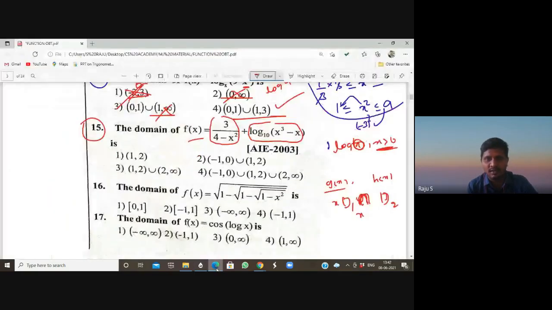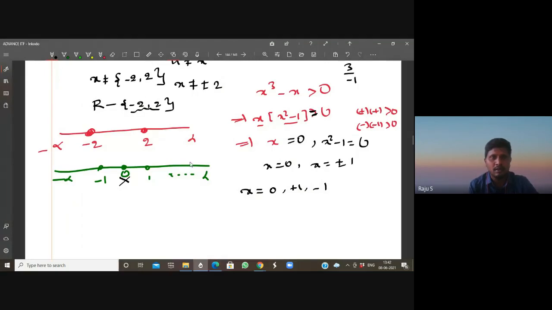What are the options they have given here? The logarithm at these three values alone does not exist.